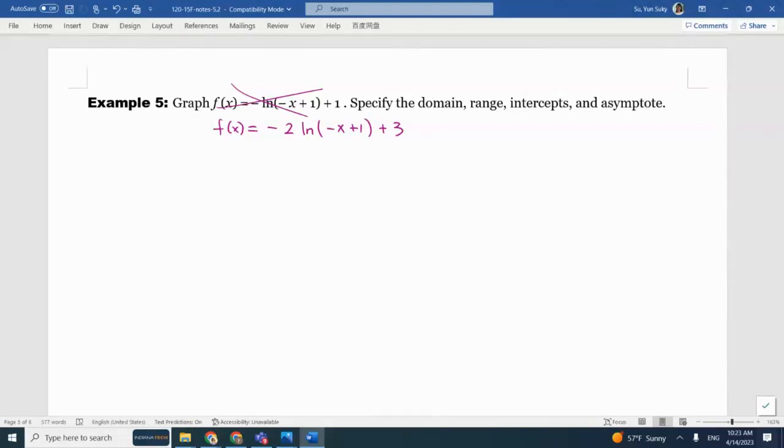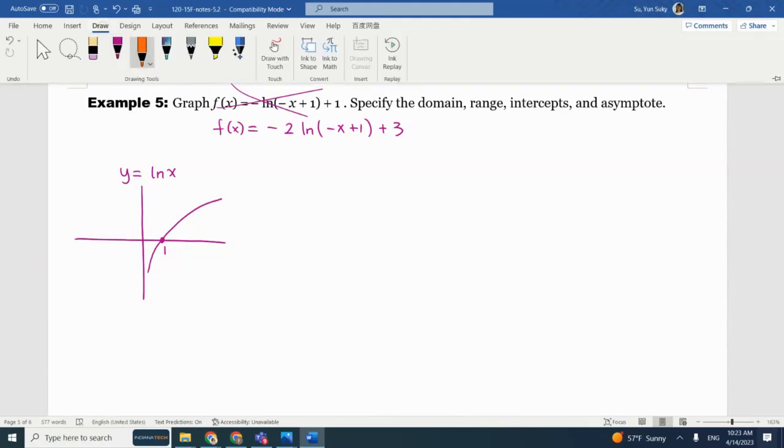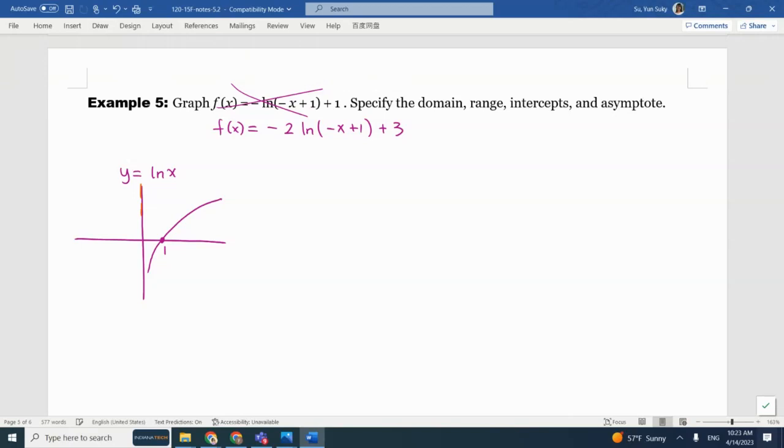This is like what we have been doing, but our parent function now adds one more, which in this case is ln of x. ln of x is going to be an increasing function, and it passes through 1, 0. So only one key point, the 1, 0. Is that clear, everybody?